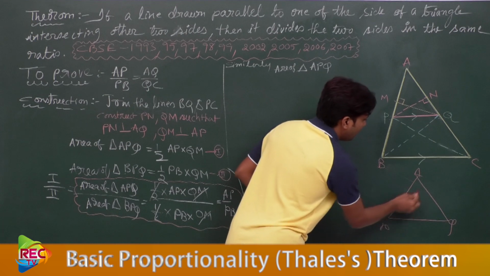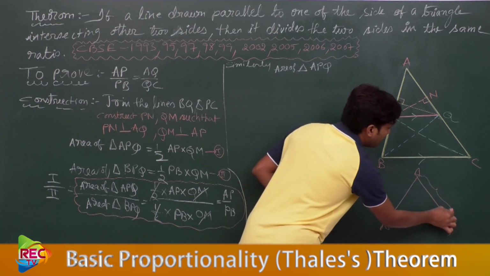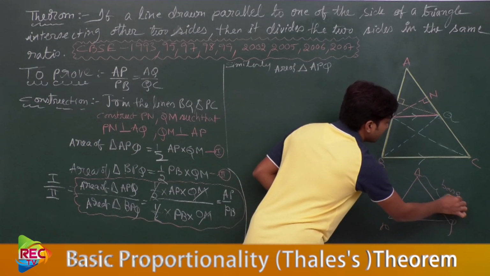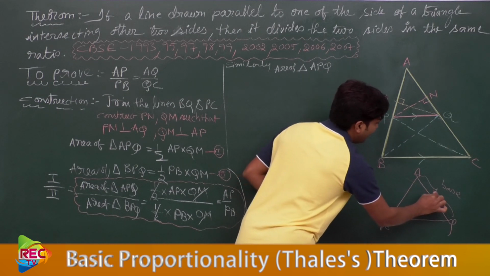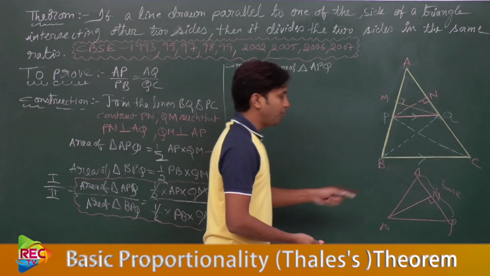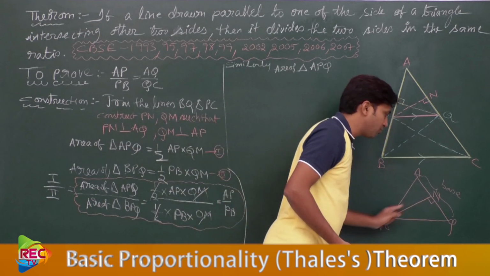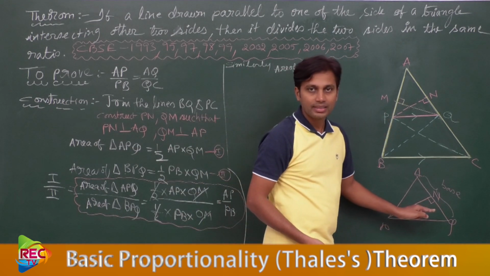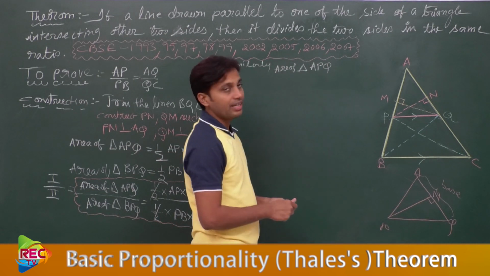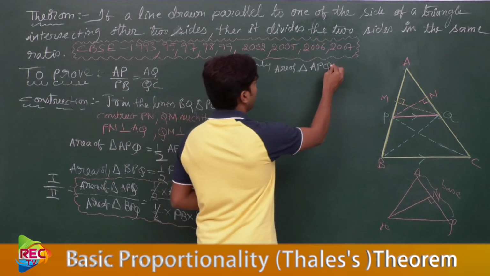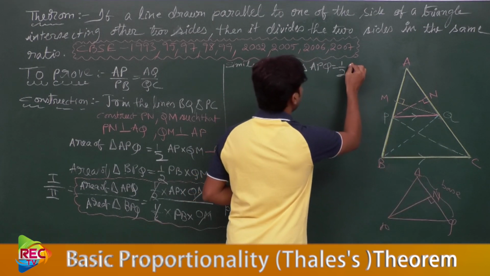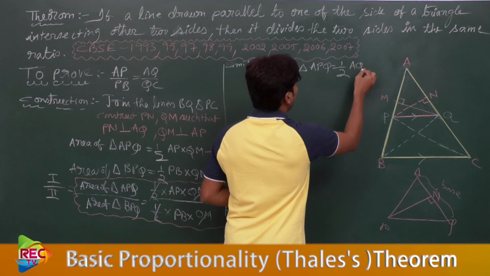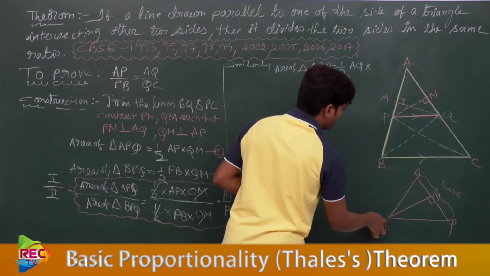Now if you consider AQ as the base, what would the altitude be? PN, or not? If you consider this as the base, this would be the altitude or height. So can we find the area of it now? Exactly. What is the area? Half base height. What is the base? AQ. And what is the height? PN.